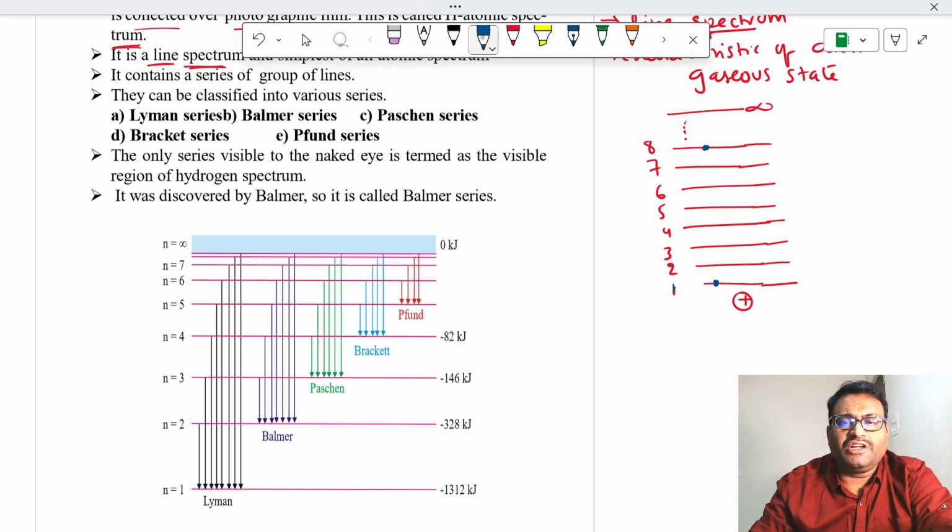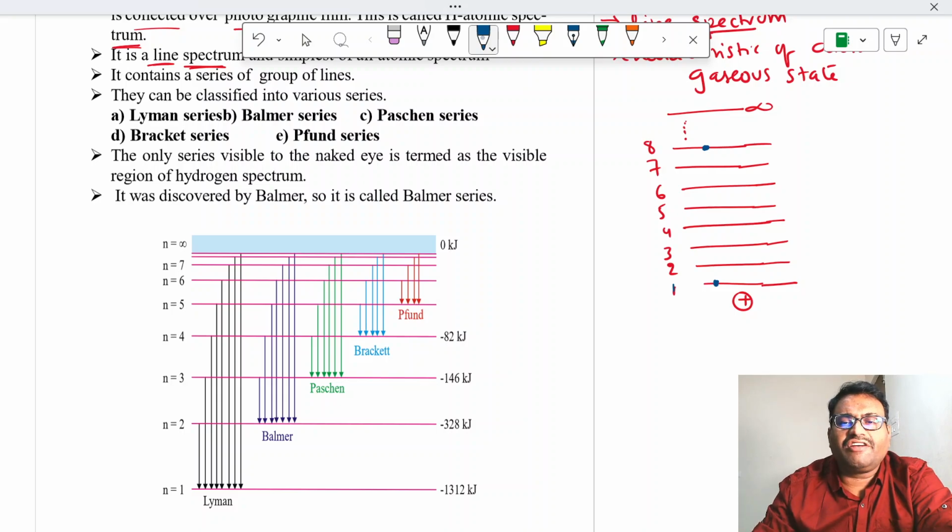Is it stable in the 8th energy state? No, it is not stable in the 8th energy state. What does it do? It will return to the original state. When it is returning to the original state, whatever amount of energy it has absorbed, that amount of energy it will release.